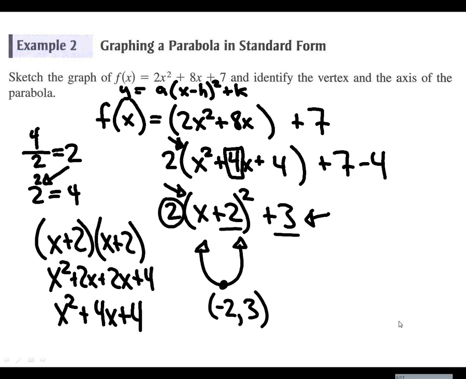And remember that the h is the opposite sign in there. So the last part here is we need to know the axis of the parabola, and what that's saying is where is our line of symmetry? The line of symmetry goes straight up and down. It runs through the x number. So our axis is going to be x equals negative 2.